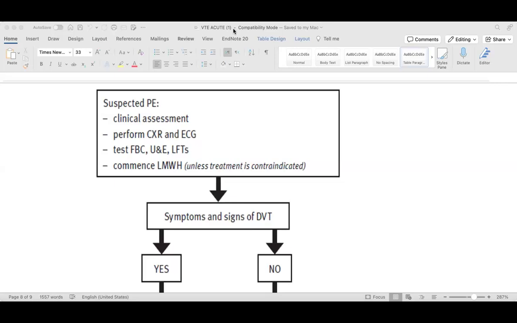The leading sentence in the scenario of this EMQ was, what is the next step in the management, and not what is the diagnostic investigation, or what is the recommended management for this case, or what is the gold standard test to diagnose. So guys, be careful of that question.